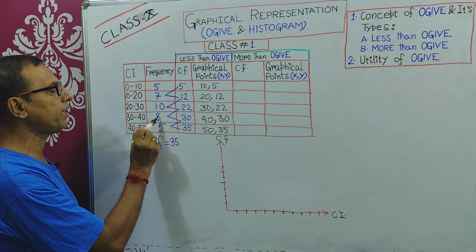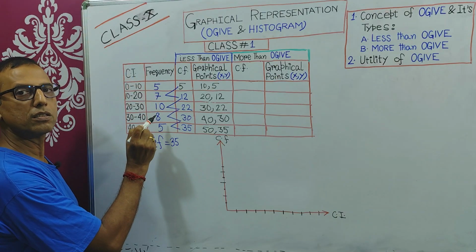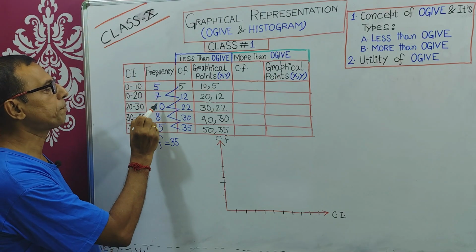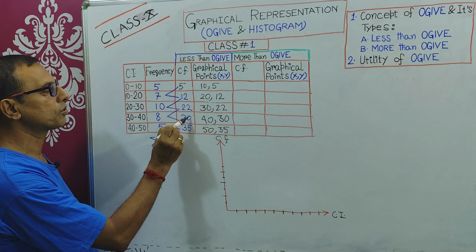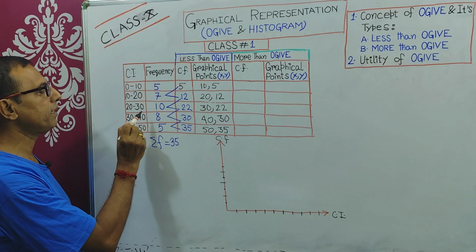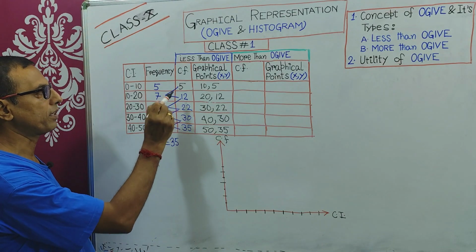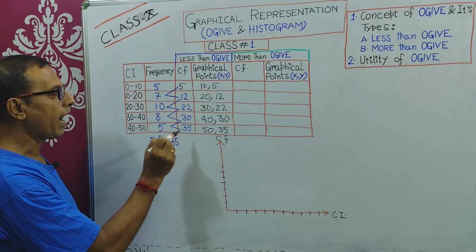How is this 30 coming? 8 plus 10, because it considers this 8 as well as the previous class intervals too. 8 plus 10, 18, 18 plus 7, 25, 25 plus 5, 30. And 50 and below means all the 35 points. So for cumulative frequency, you are adding up all the frequencies one by one.